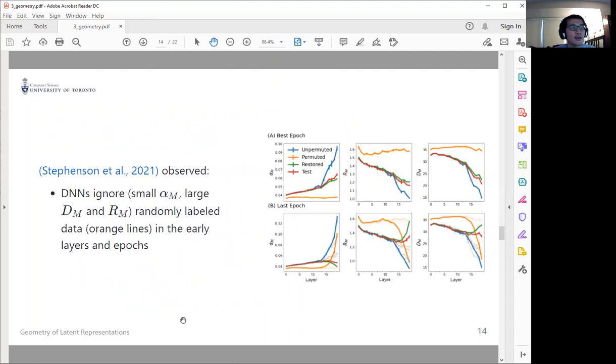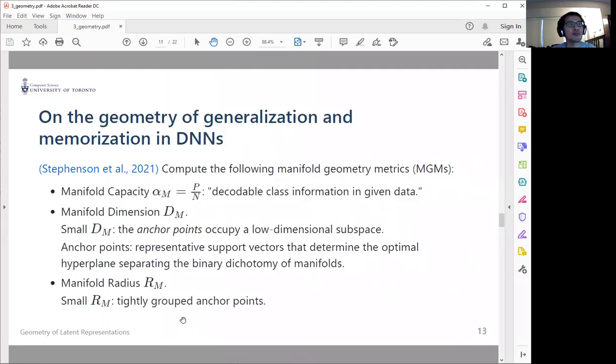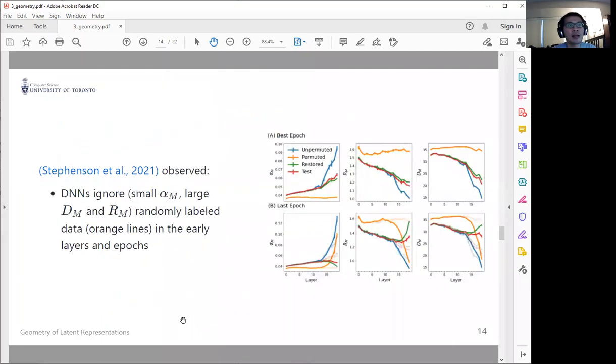And they observed that deep neural networks ignore randomly labeled data in the earliest layers and early epochs. So they found that they have small manifold capacity alpha, and large D_M and R_M in the early layers and epochs.